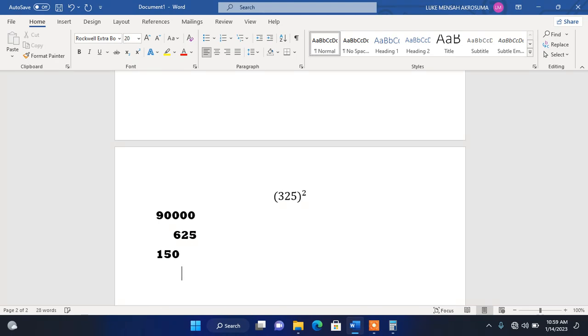So we have 5. We get 2. The numbers we're pulling back, but pardon me, we have 6. Then we have 5. Good. Then we have the sum of 9 and 1, which is 10. Good. So 105,625.